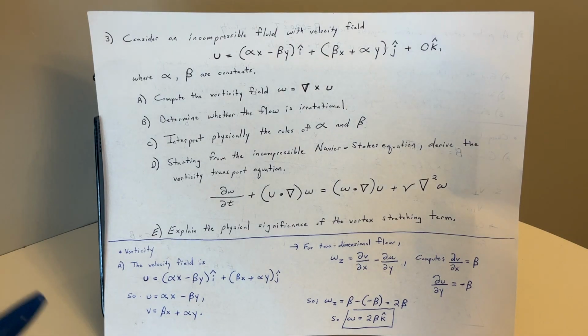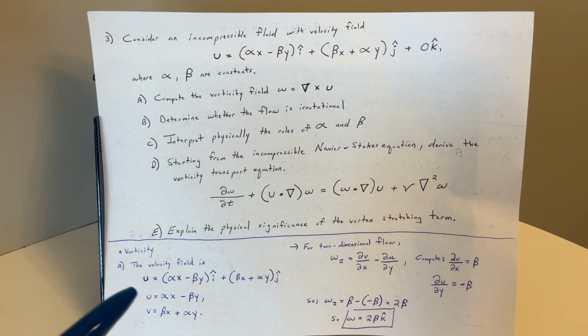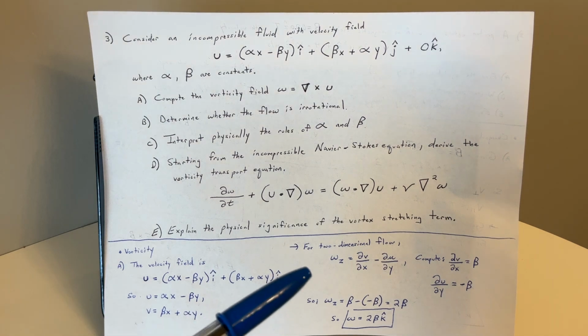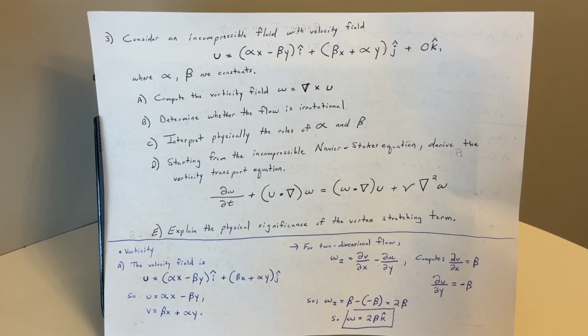So vorticity. This is a vorticity problem. We're given this velocity field: u equals alpha x minus beta y, and v equals beta x plus alpha y. For two-dimensional flow, omega sub z equals dv/dx minus du/dy. If we compute partial dv/dx, we get beta.